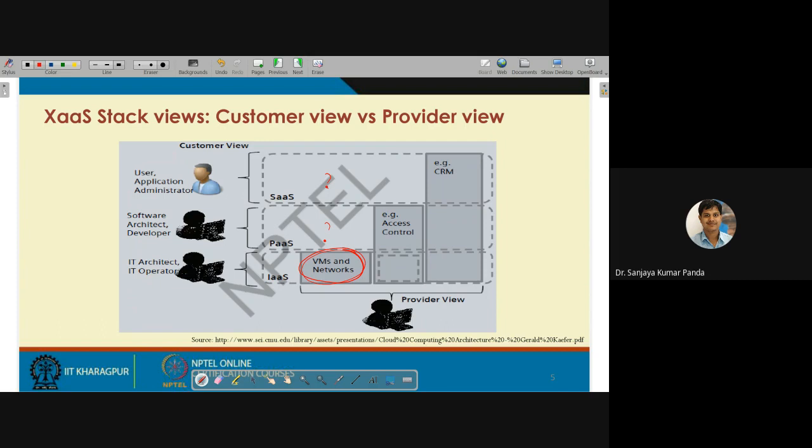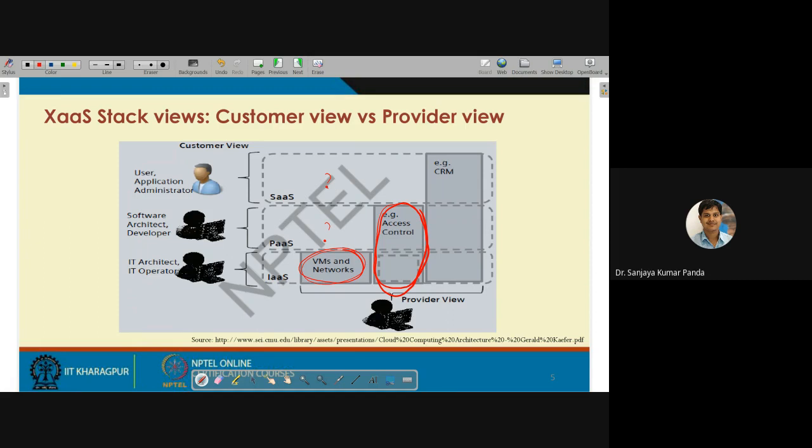Similarly, if you go for IaaS plus PaaS, platform as a service, both, you need only one application administrator. One example is our email system. I repeatedly use this example. For our email system, we need an application administrator, the admin, who is managing these emails: how many emails you want to create, whether an email ID is active or suspended.